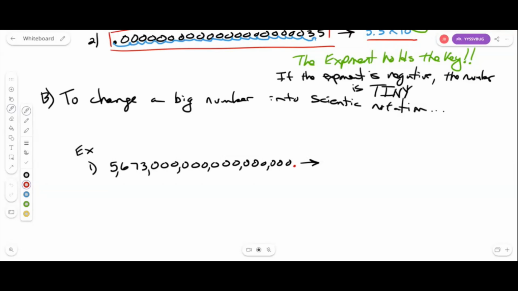Well, right now it's at the end of the number. Remember, you can take any number and put a decimal point at the end of it, anytime. Then we want to look at these digits up here, and we need to write a number that is one digit, a decimal point, and then those remaining digits. This first digit has to be between 1 and 9.